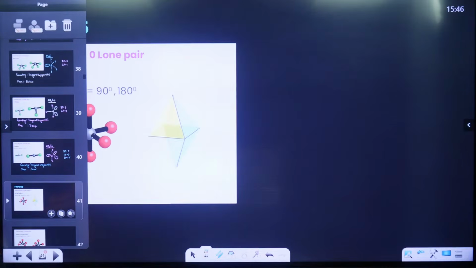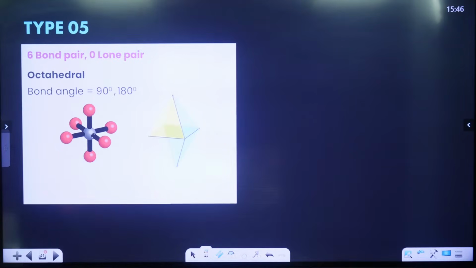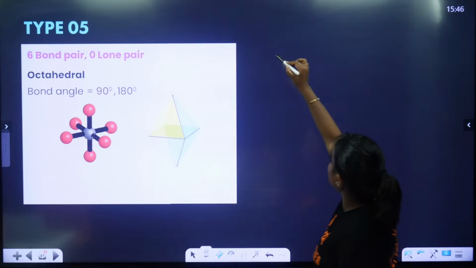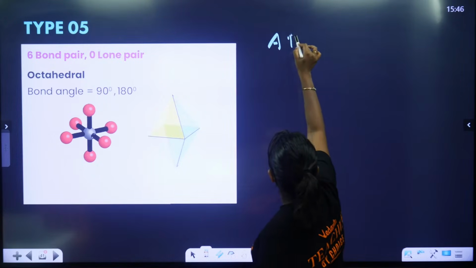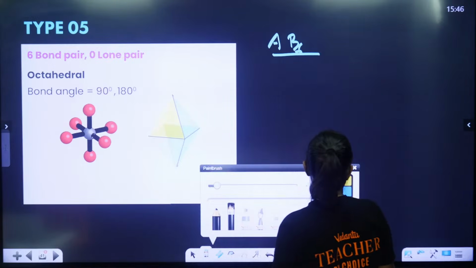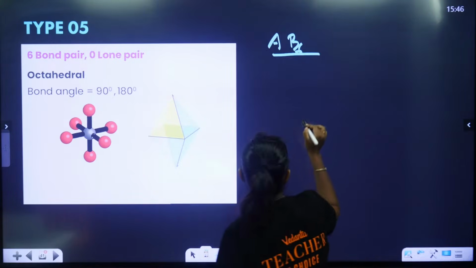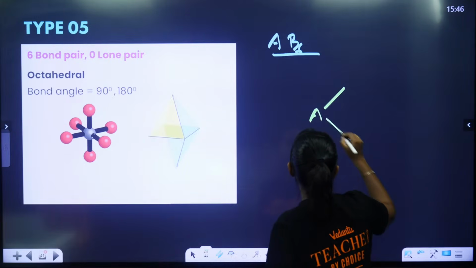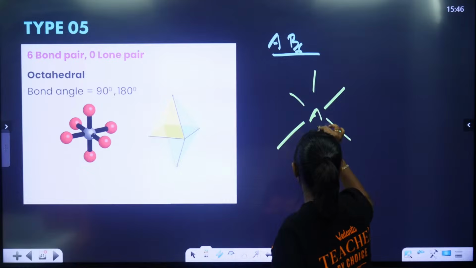Then we are moving to the next shape, that is type 5, AB6 type. So what is AB6? This is the structure.